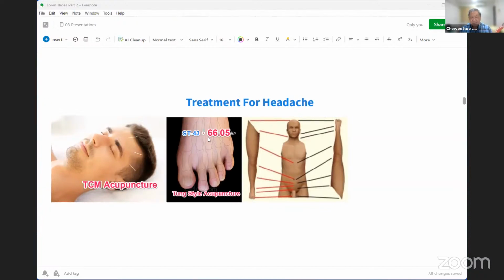Stomach 43 is the same as ST43, all right? But we have 43, 44, 45, 46, 47, all here. You see, the imaging says that this area represents the forehead.